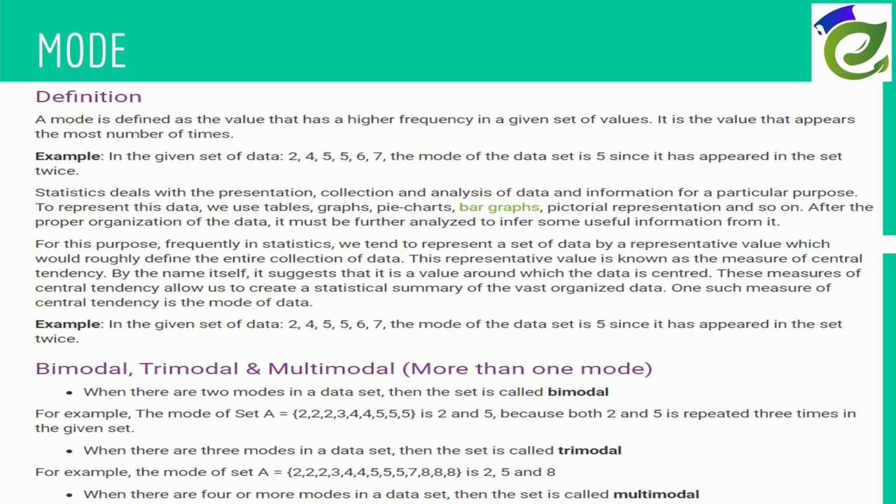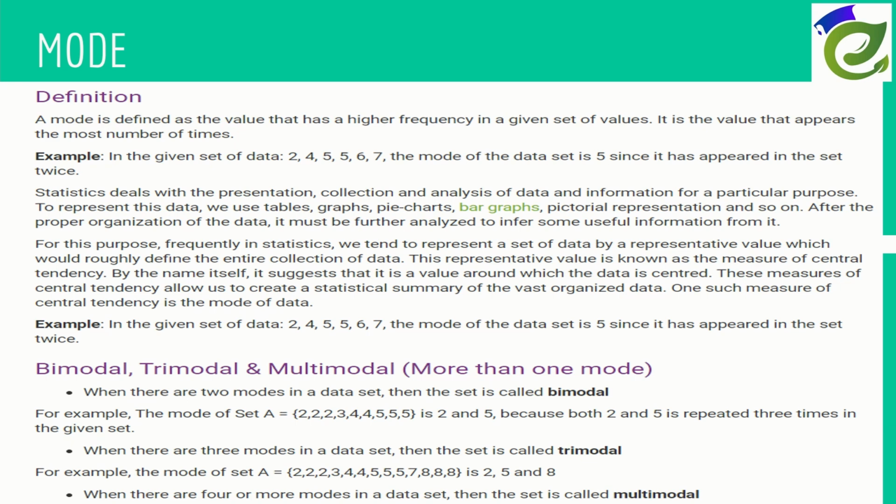In mode we also have types like bimodal, trimodal and multimodal. What is bimodal? When there are two modes in a data set, the set is called bimodal, meaning two observations are recurring as modes. Let's take an example. The mode of set A equals 2, 2, 2, 3, 4, 4, 5, 5, 5.